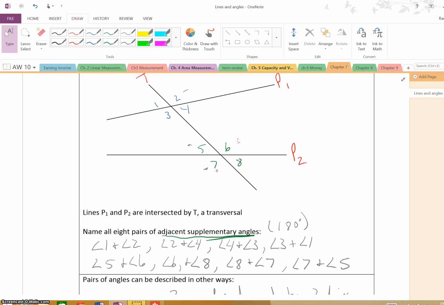I call it the Z rule. So if I make a Z, like here, this and this are inside, and therefore those are alternate interior angles. They're on opposite sides of the transversal, and yet they are interior, or inside, my actual Z. So 3 and 6 are what we call alternate interior angles.